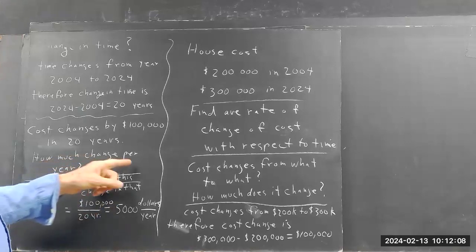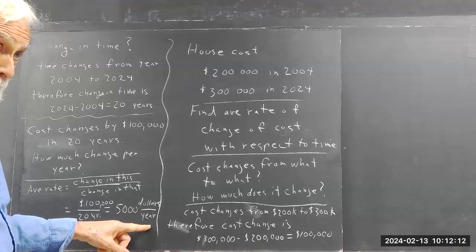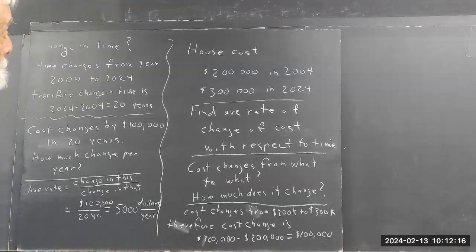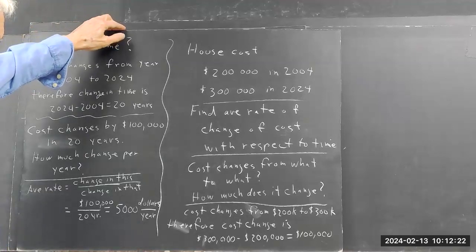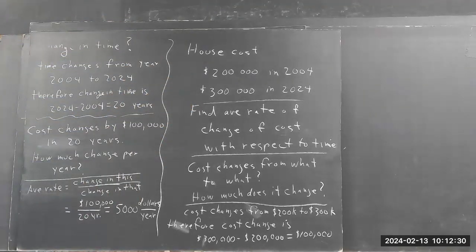Because it was change per year, which tells us that the year had better go in the denominator. Okay, well, that's your average rate. Now, I'm not sure I'm going to get to the formal definition of the average rate, because I want to stay with the main thrust of this question, but hopefully we'll be able to come back to that.